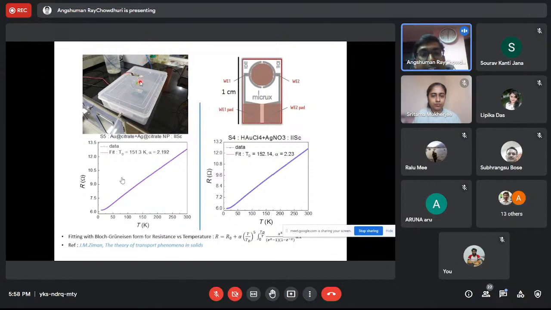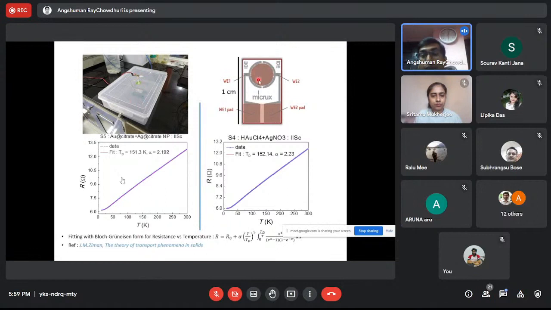So this is the spray tip, and the voltage is given by that. And here the capillary is there. In the capillary, the gold and silver salt ions are there, and this whole setup is incorporated in a plastic box, because then we can easily neglect the ambient atmosphere, the moisture and all. So we are spraying inside the box, and we are also keeping the interdigitated electrode inside the box, and the spray is happening on that.